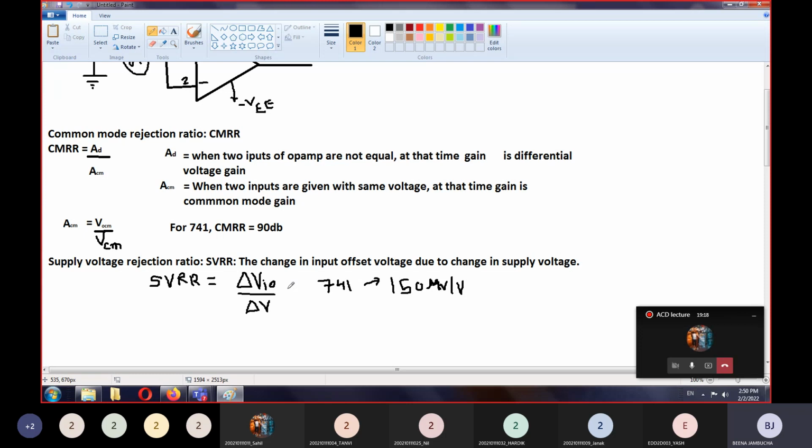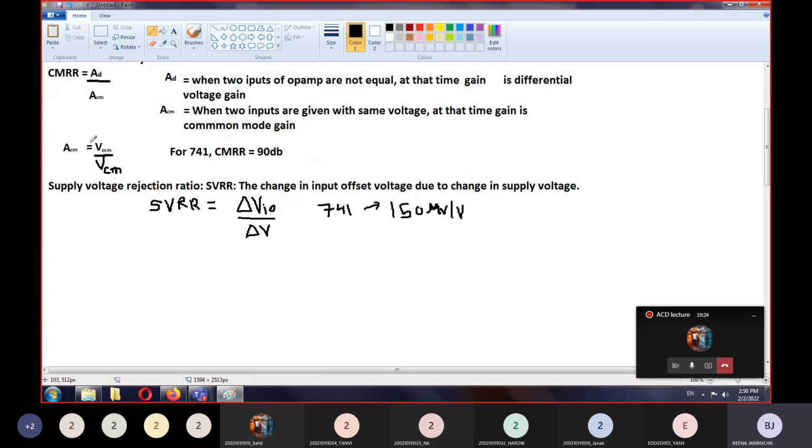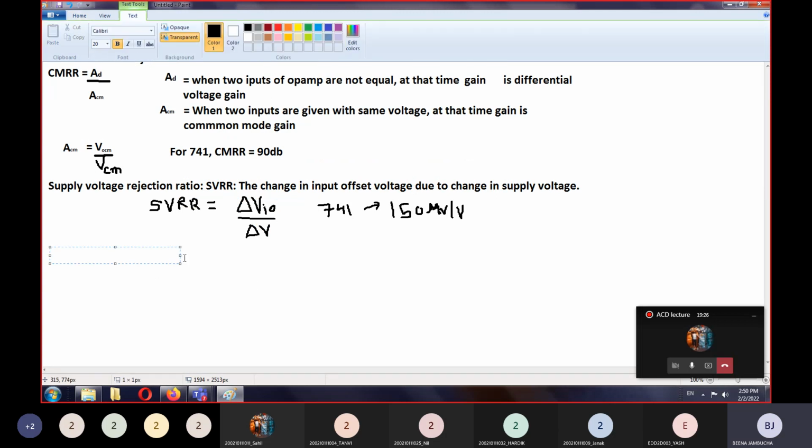The next definition is the large signal voltage gain. It is your actual voltage gain, which is the output voltage divided by the differential mode input voltage.